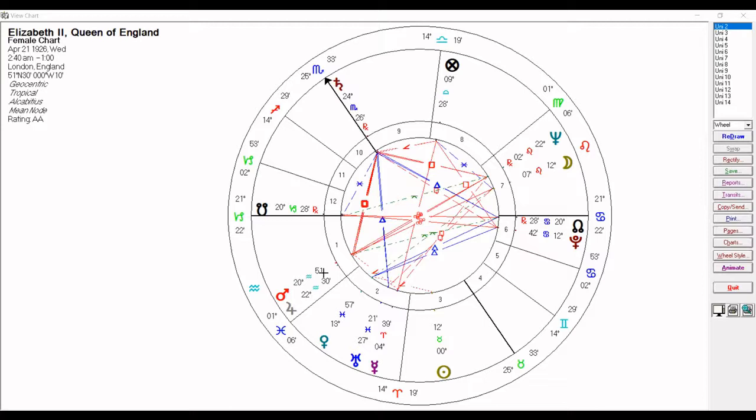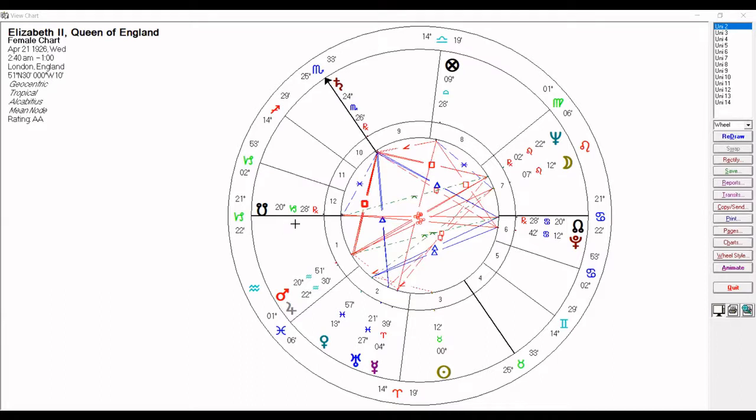Now, it's still going to be a square. In other words, there's going to be a lot of stuff to deal with. There's going to be stress. There's going to be duties, but it's not necessarily going to be strife-filled. Even with Mars and Saturn, the two malefics, what we have is them exchanging signs and exchanging houses. So what does that mean?